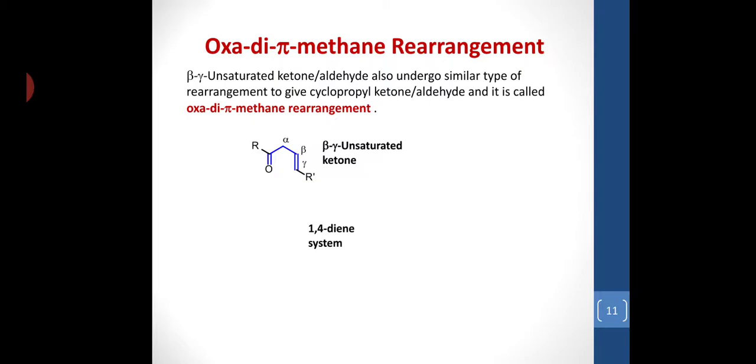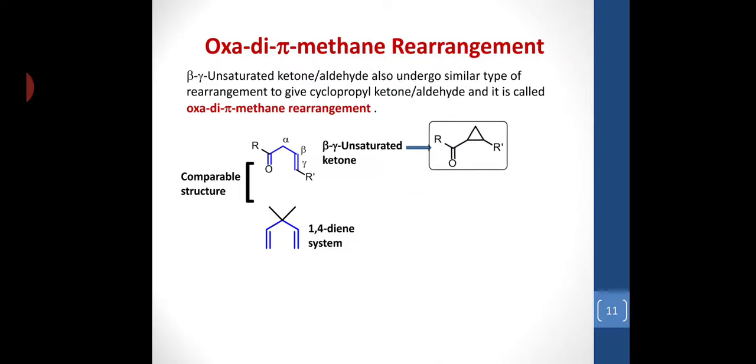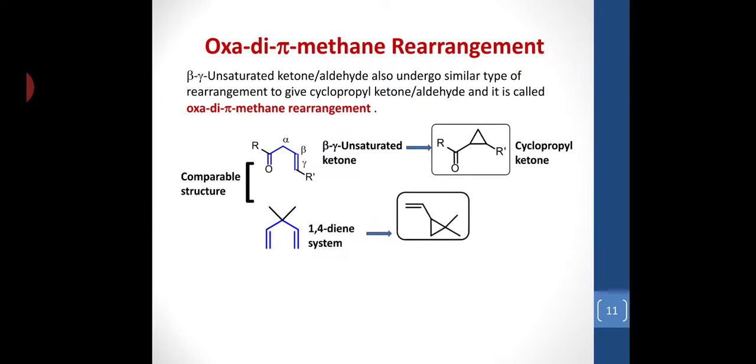This is a beta-gamma unsaturated ketone, and they are similar to 1,4-diene system, and therefore they can also undergo di-pi-methane rearrangement reaction, but this rearrangement is called oxa-di-pi-methane rearrangement. The product of oxa-di-pi-methane rearrangement is cyclopropyl ketone, whereas the product of di-pi-methane rearrangement is vinyl cyclopropane derivative.